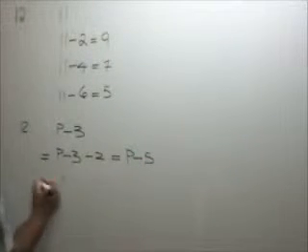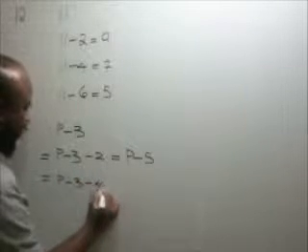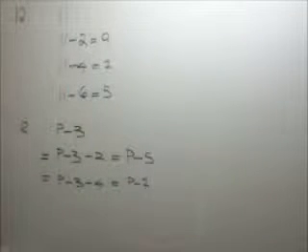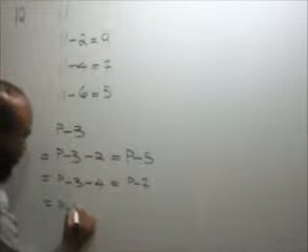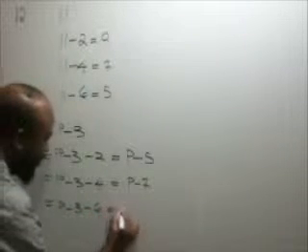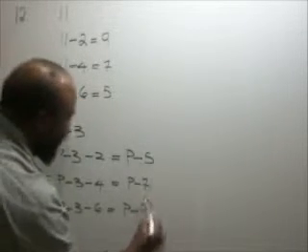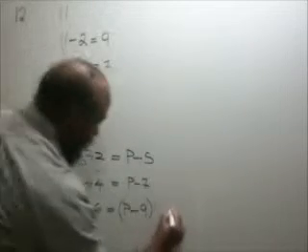And the one before that is P minus 3 minus 4, which is equal to P minus 7. And the one before that is P minus 3 minus 6, which is equal to P minus 9. The answer for that is D.